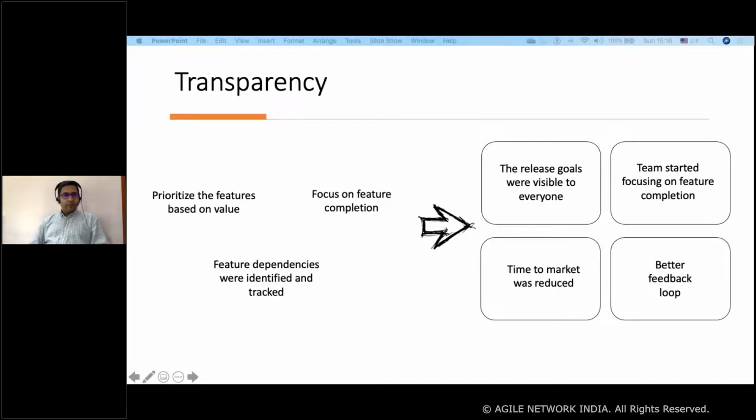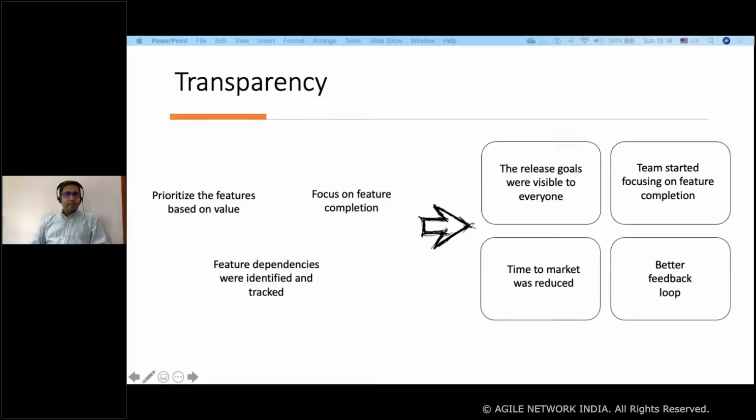Release goals were visible to everyone. So everyone in the organization, including business, product owners, the leadership, technology leadership, and the team, knew what they have to achieve in the short term as well as in the long term. The team started focusing on feature completion.